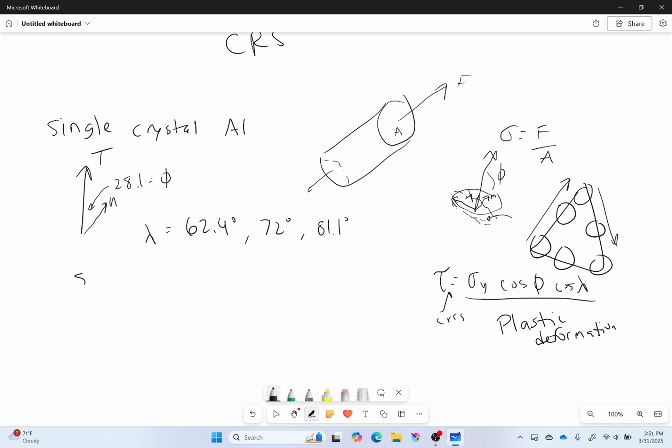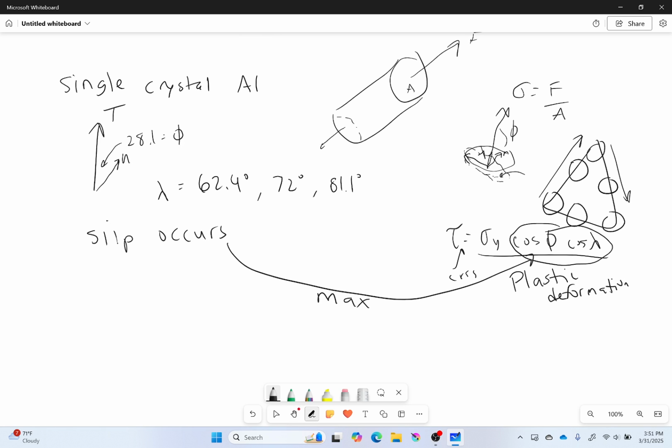Well, slip occurs when this part is a maximum. We already know phi, so we just need to figure out lambda. Since it's cosine of lambda, the smaller the angle, the more likely it is to slip along it. So 62.4 is the smallest angle, and that will be the most favored direction.